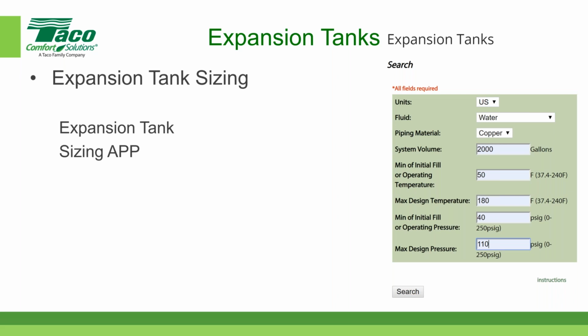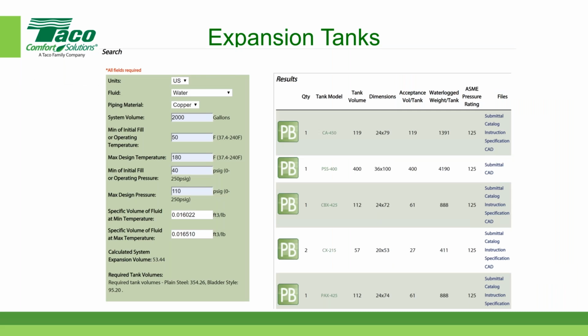If I go to the next slide, I click on the search button, and now you can see in the window on the left-hand side that the software has calculated the specific volume at the minimum temperature and the specific volume at the maximum temperature. Between those 2 values and the system volume of 2,000 gallons, the software has calculated the expansion, and in our case, it's a little over 53 gallons.